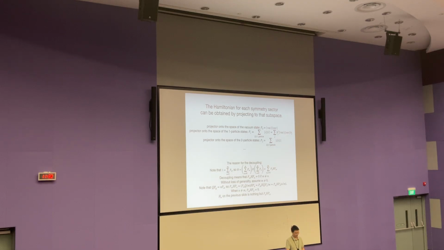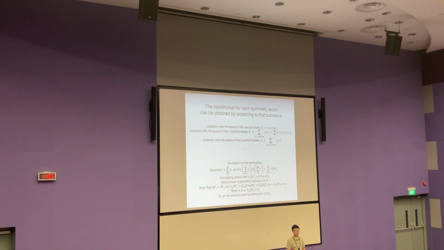We know Q times Pn is just N times Pn, right? N is the particle number. And Pn is the n particle state projector, therefore this is just N times Pn. Sorry, for the projector, what are we summing over? A complete orthonormal basis of this subspace.